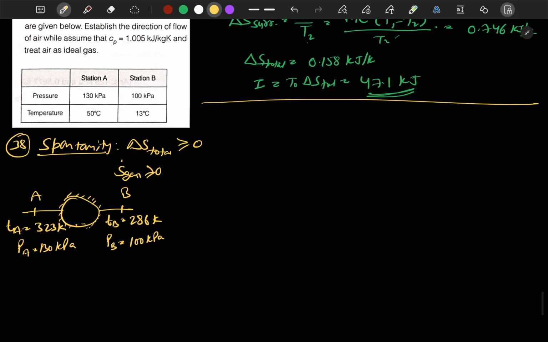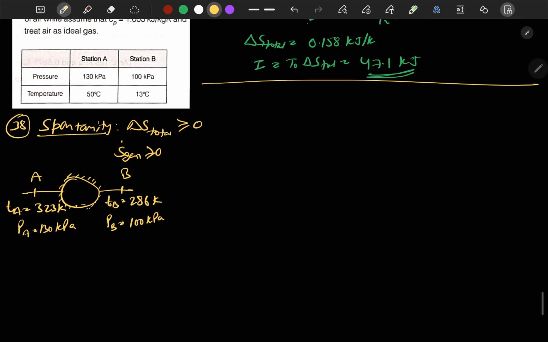So logically what should happen? Logically, Pa is greater than Pb, so we would say that the flow is from A to B. But we haven't considered the combined effect of enthalpy and pressure.